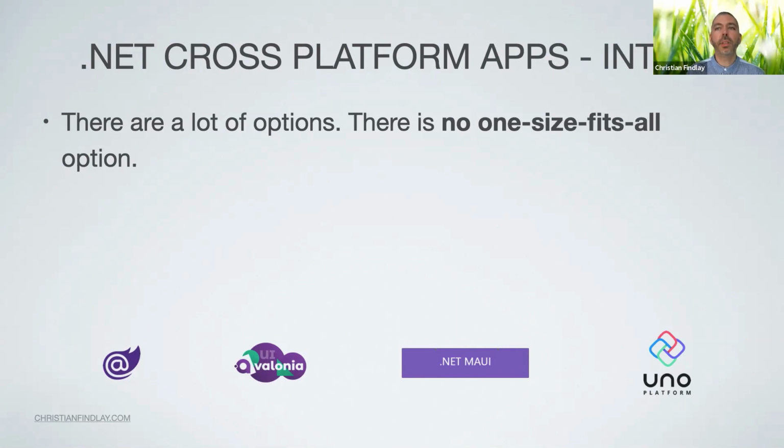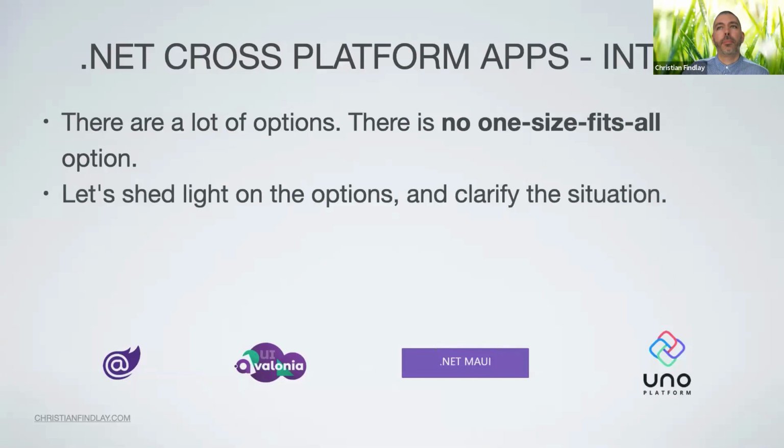There's a combination of different technologies. 3 of them are more geared towards phone and desktop, whereas one of them is pretty much purely web, which is Blazor. So hopefully what I can do today is just clarify what these technologies are about and how they're going to fit based on what you're looking for at the moment.